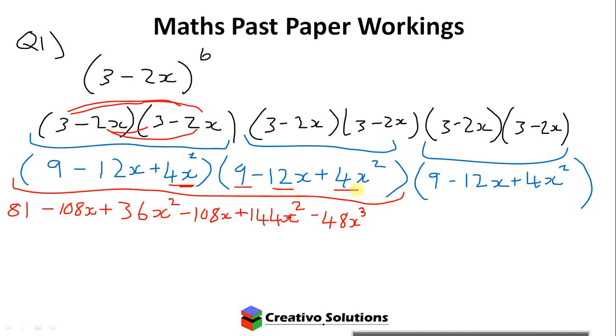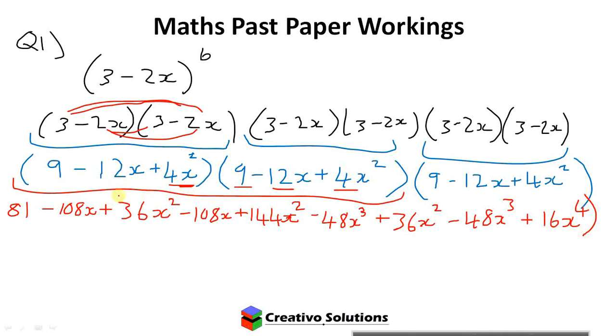That times that times that times that. 4 times 9 is 36x squared. 4 times 12 is 48, so minus 48x to the 3. Then that one times that one is 16x to the 4. Okay, that's it.